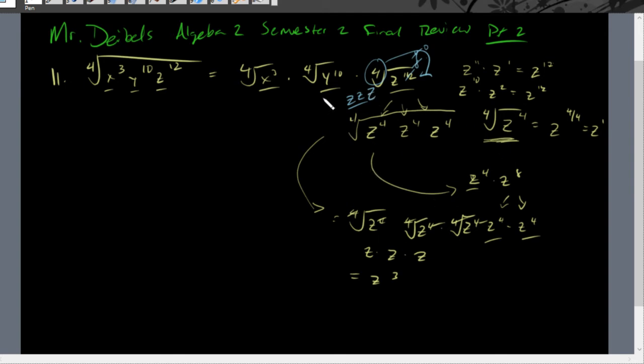So you've got this piece simplified as just z to the third. Now the y to the 10th power, right? This piece, if you take 4 away from 10, you're left with 6. So when we do that, one of our y's comes out of the radical.